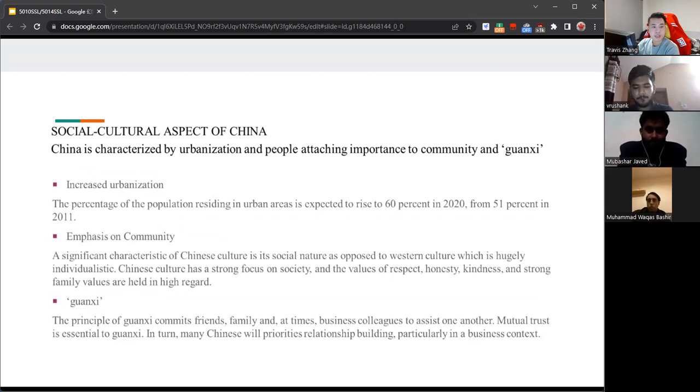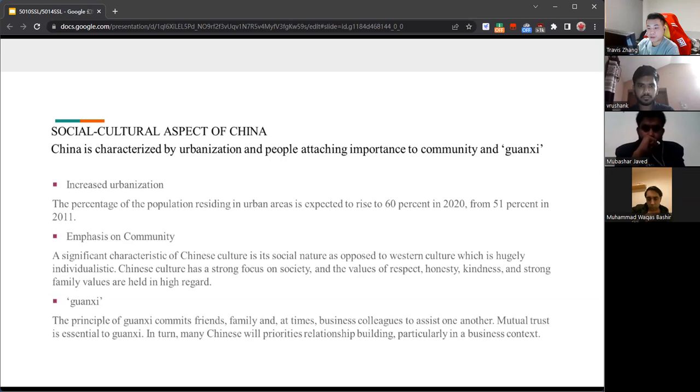Socioculturally, China is characterized by urbanization and people attaching importance to the community and Guanxi. The percentage of the population residing in urban areas is expected to rise to 60% in 2020 from 51% in 2011.